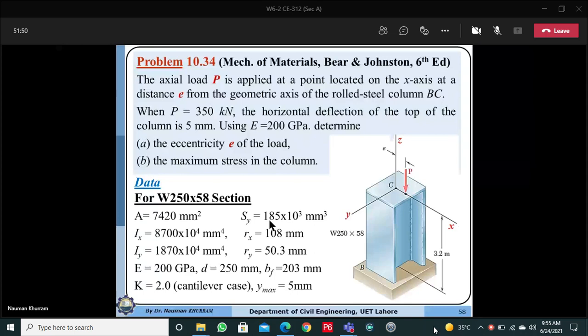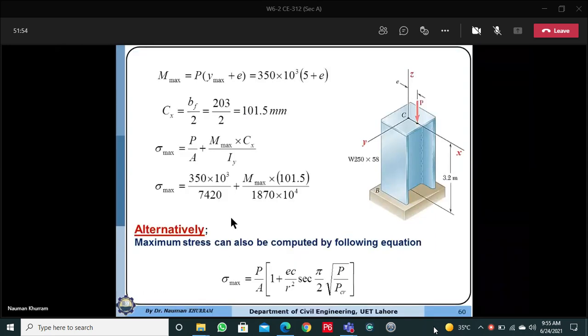So you could compute this answer. Alternatively, you could directly use this formula to determine the maximum stress: P over A, the eccentricity you have just determined previously, P critical, you know the value, and this value.